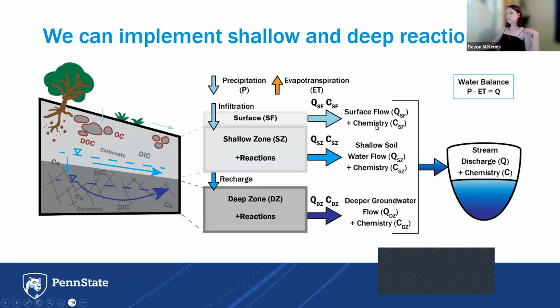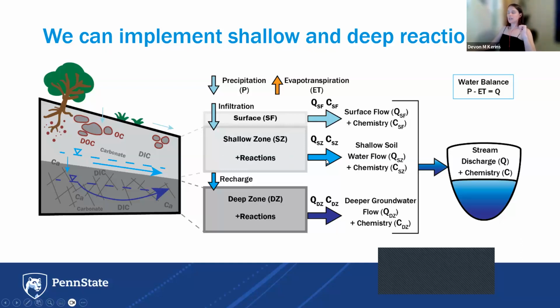The first is this surface flow path, or what I like to more think of as a quick flow path. So water that moves really fast through the system, doesn't stay in the system long enough to really be involved in any reactions.